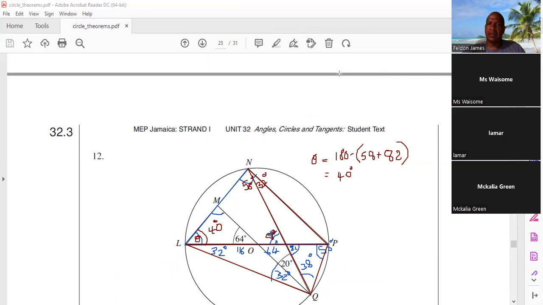Or should I use a different color to highlight it? All right, so let me use green. So we are finding N. Was it NPL that we said? NPL, sir. NPL, right. So that's the angle there.